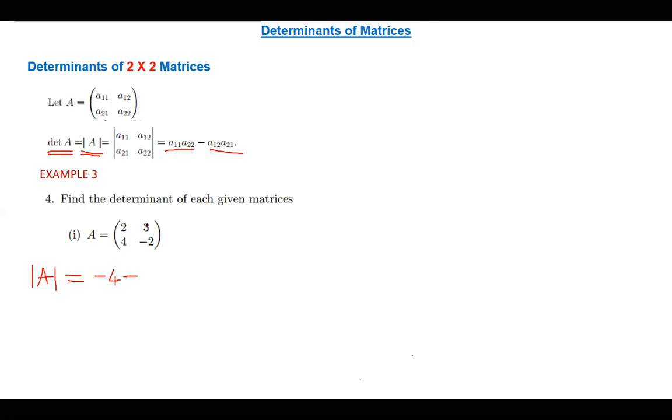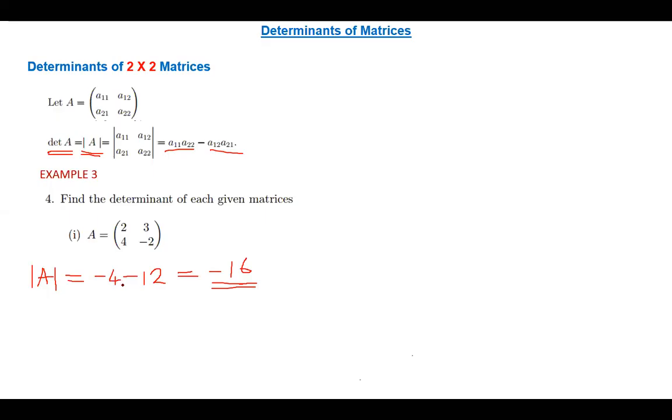So 4 times 3 is 12. You put your 12 there. So the answer that you get there will be -16 as your determinant. So your determinant is -16.